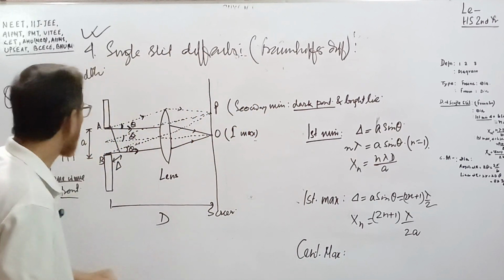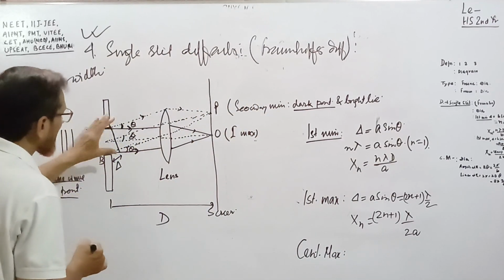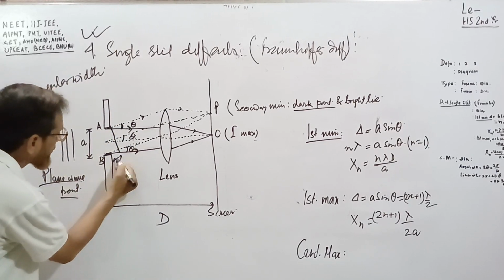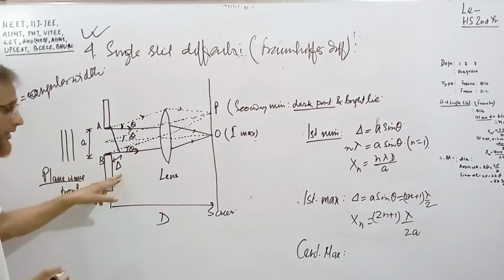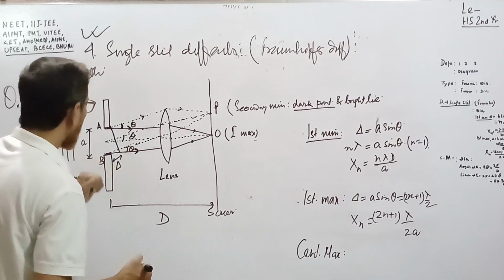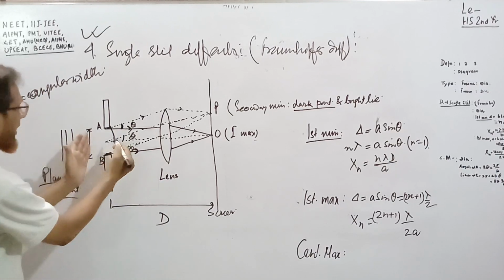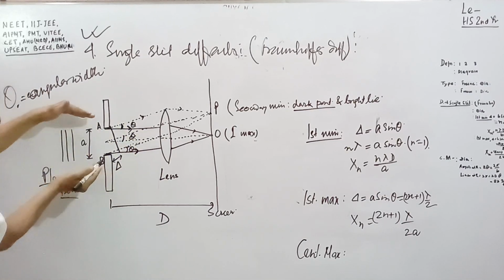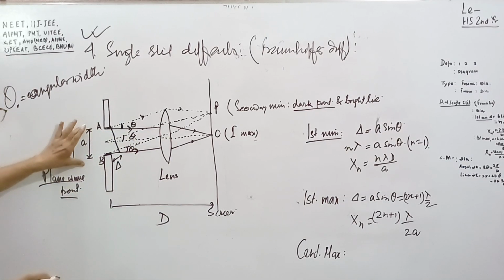So at this first minima, if you draw a line from this point to this, then the path difference will be described by these two. It is a rectangular one, delta, capital delta, path difference. Now if the path difference is 0, then this line will be straight, and that straight line will be equal to a, and that a is nothing but the width of the slit.